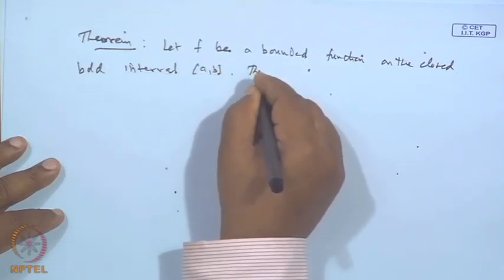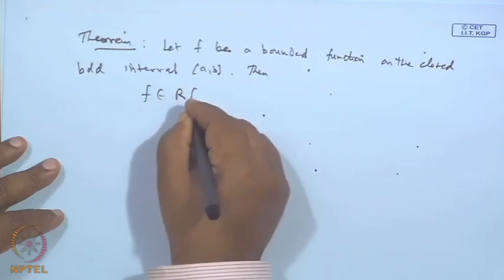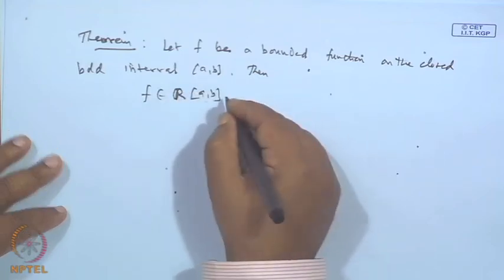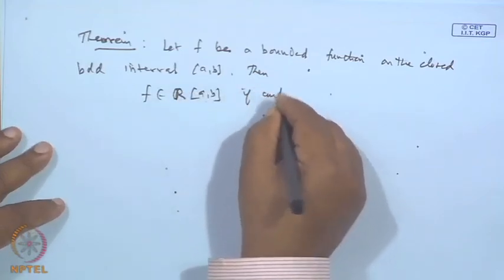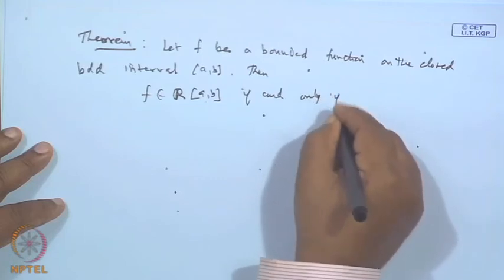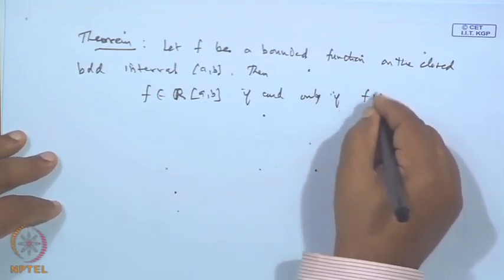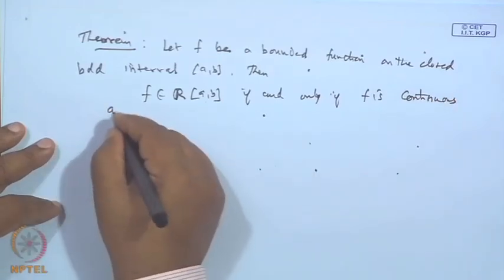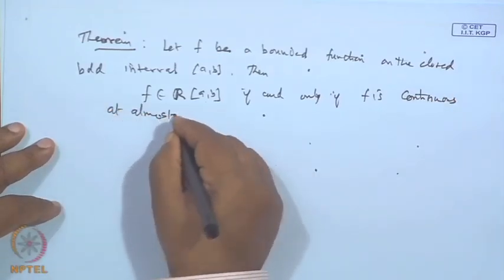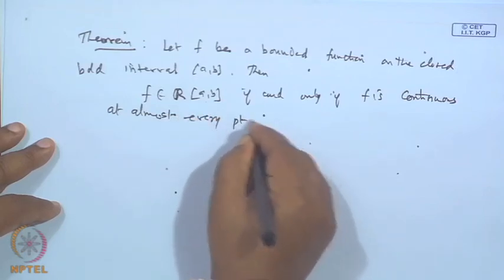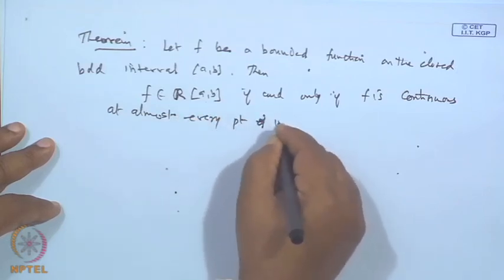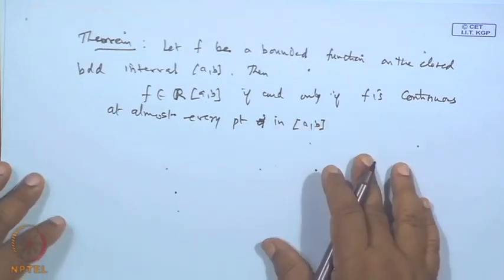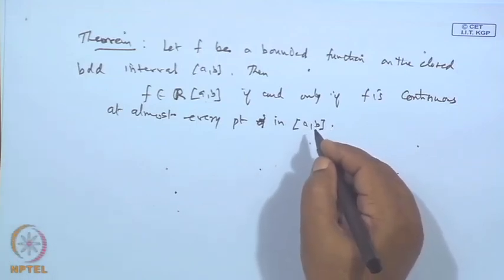Then f is Riemann integrable over the interval a b if and only if f is continuous at almost every point in the interval a b.